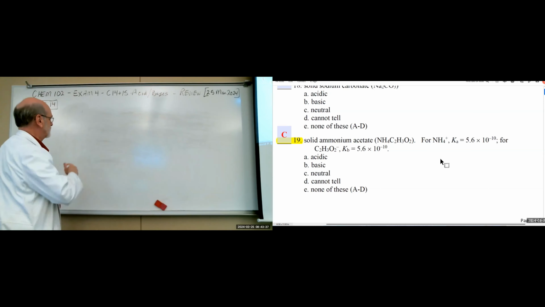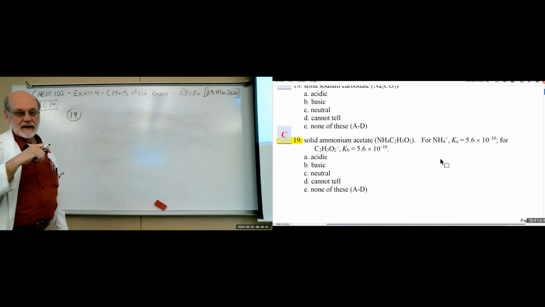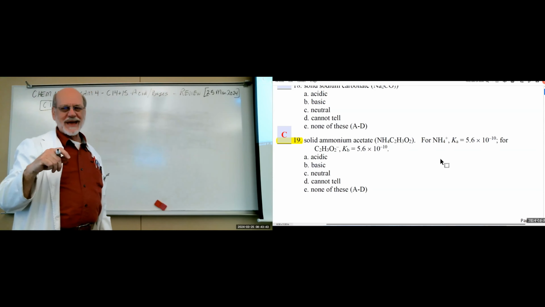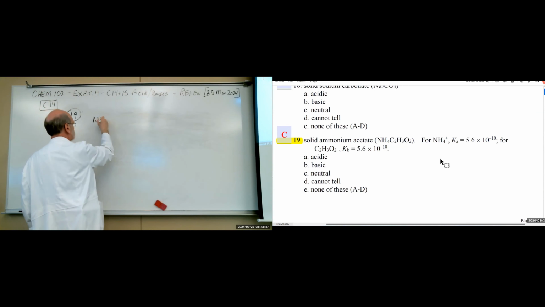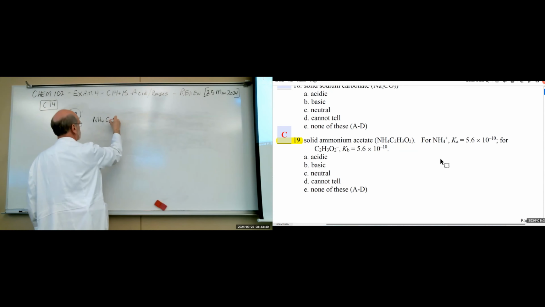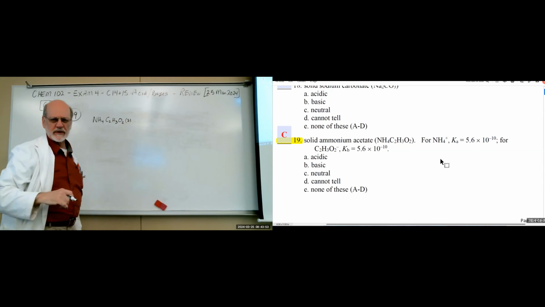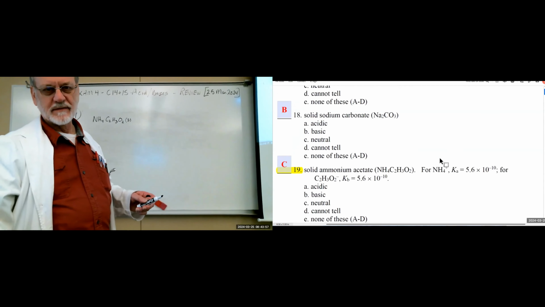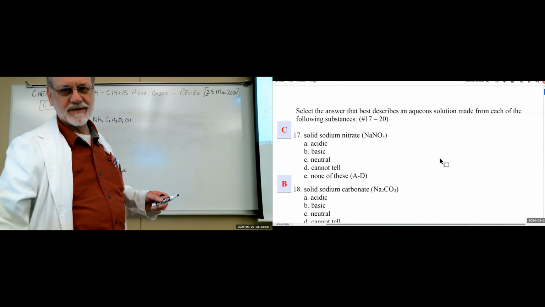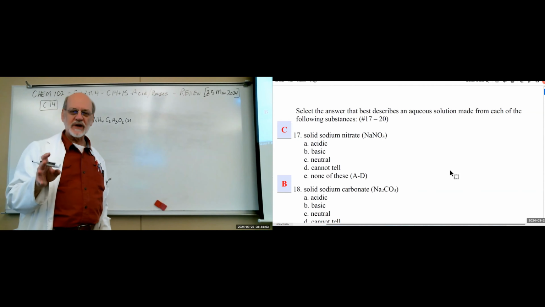How about 19? Solid ammonium acetate, C2H3O2. What are we going to do with it? Oh, wait a minute. There's more to it than that. Okay, here we go. Select the answer that best describes an aqueous solution made from each of the following.